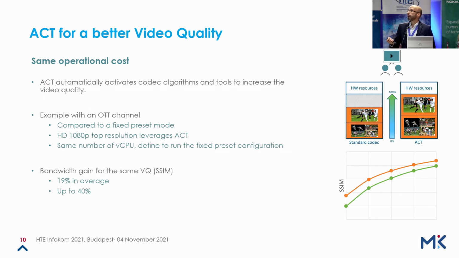In this example, we used a 1080p top resolution ABR source, and for fixed hardware resources, we could see that the quality increased quite significantly because you're actually using all your hardware resources instead of a restricted part of it.